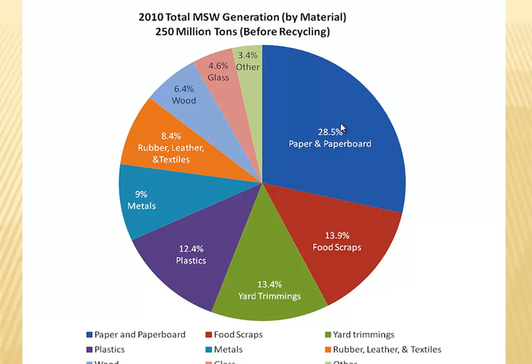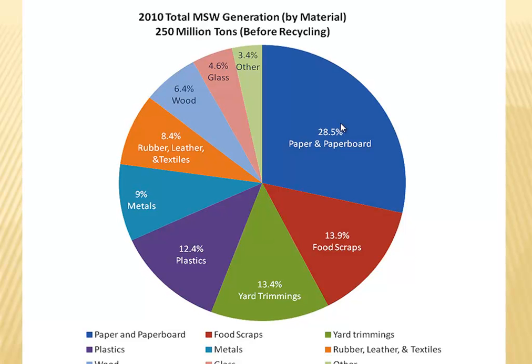And then you can look at the other categories: glass, metals, plastics, all of which can be easily recycled. So when you look at the entire amount of our trash and what it's made of, somewhere around 75 to 80% of it is very easily recycled.